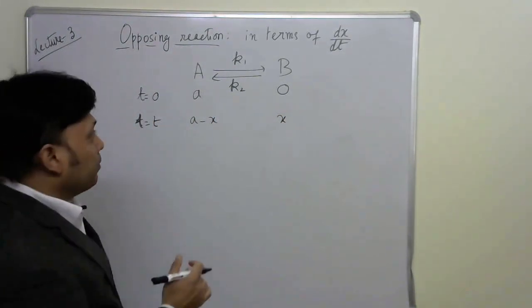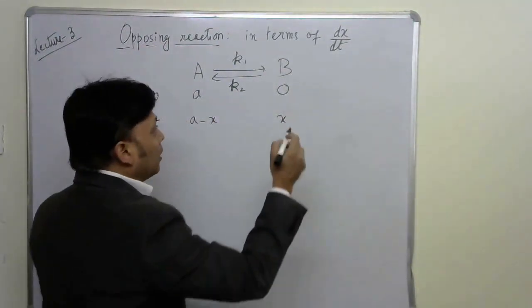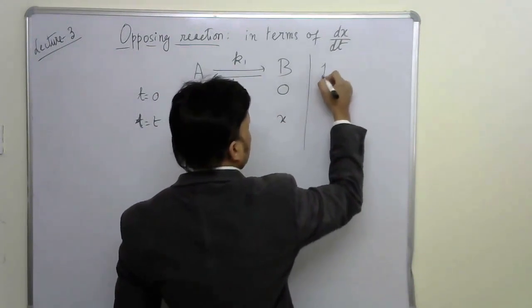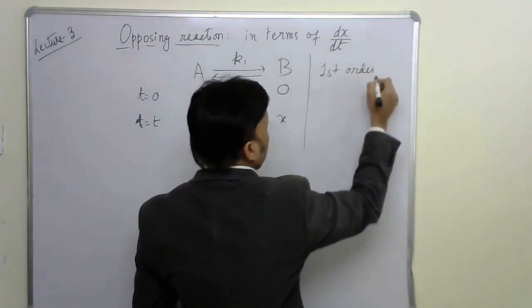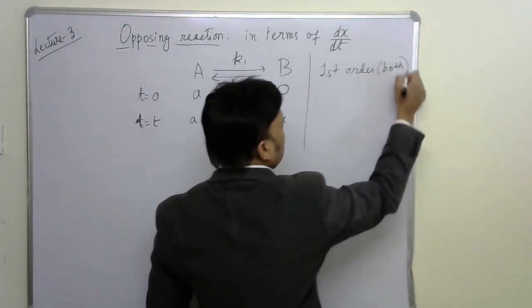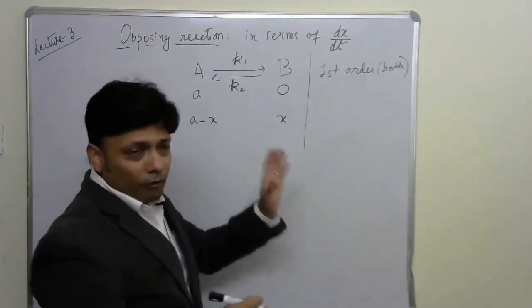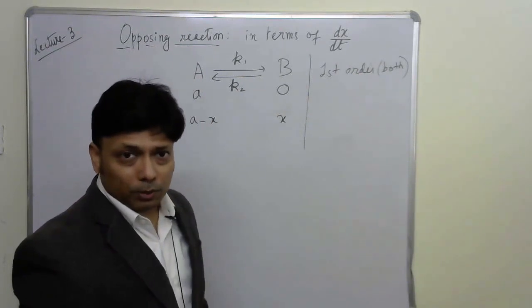Before we begin further, we have two assumptions to remind ourselves once again. First, both the steps are first order in both directions. Secondly, this is a reversible reaction, so we expect that after it starts, after some time, it reaches equilibrium.